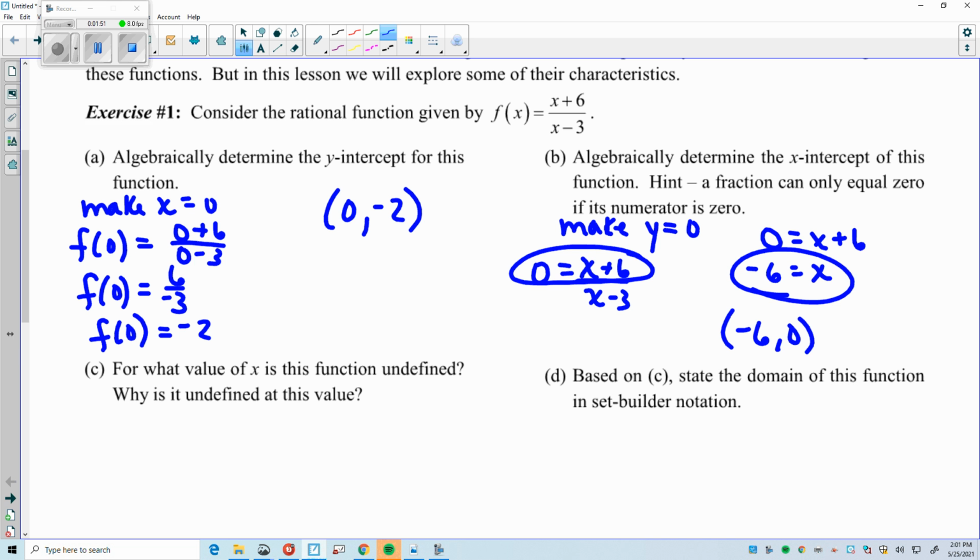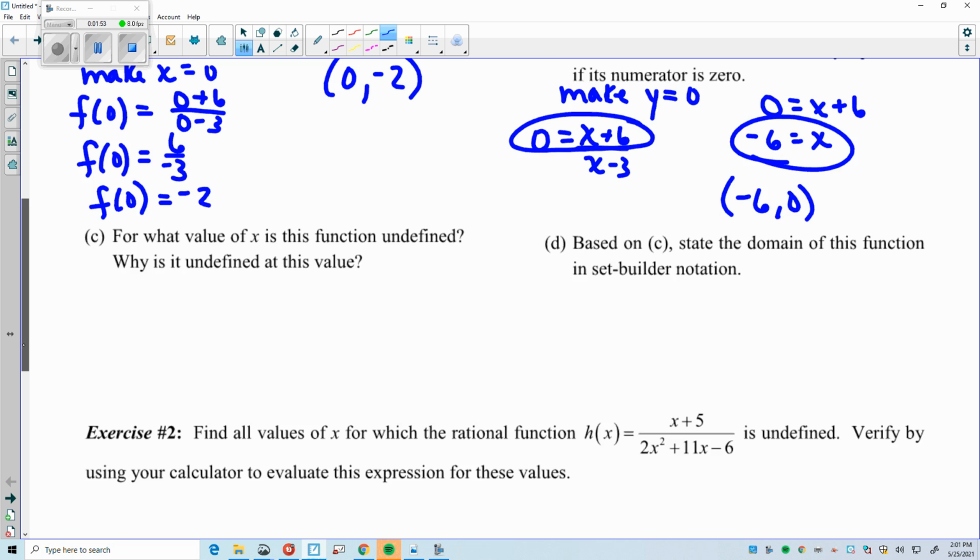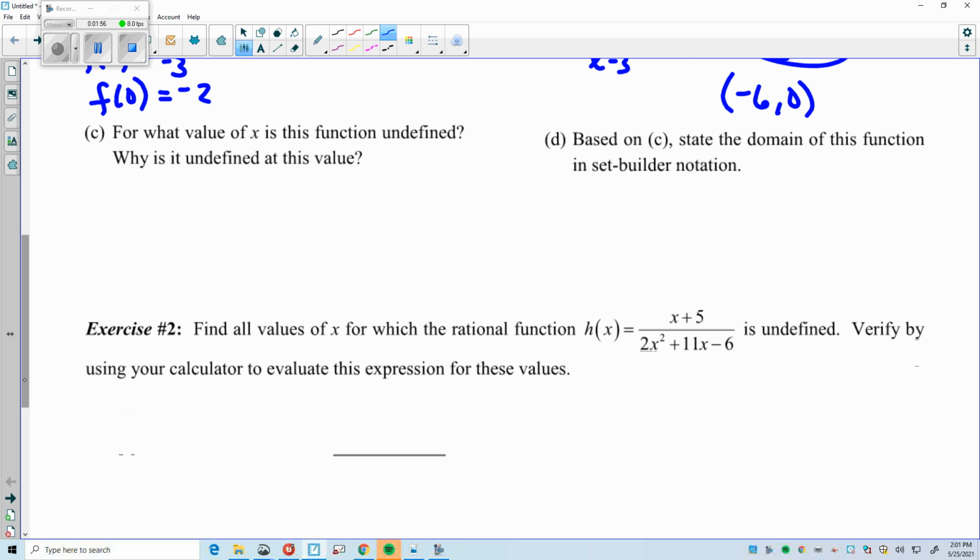Okay. For what value of x is it undefined? Okay, well, a fraction is undefined when its denominator is 0. You can't divide by 0. So if I want to know when is my denominator 0, I'm going to set that equal to 0 and solve. Okay, so why is it undefined? You just can't have a denominator with 0. I can't divide by 0.